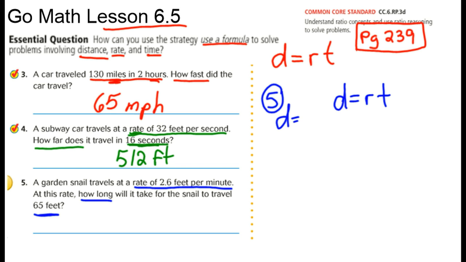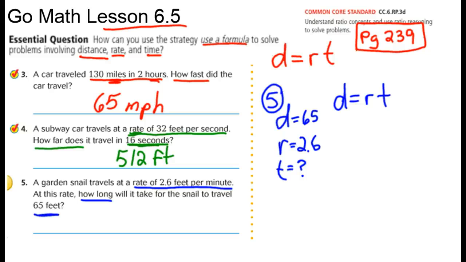List the letters in the formula and find them in the problem. It says a rate of 2.6, so 2.6 goes in for rate. As I read further, how long will it take tells me I am finding T, and we have a distance traveled of 65 feet.